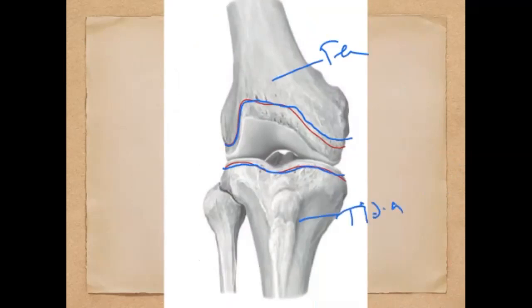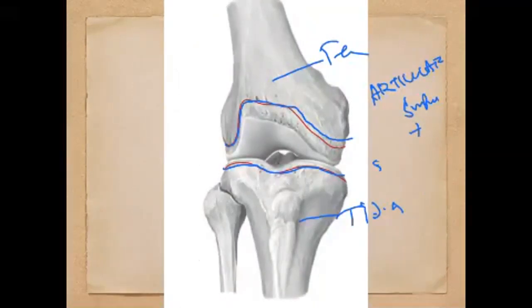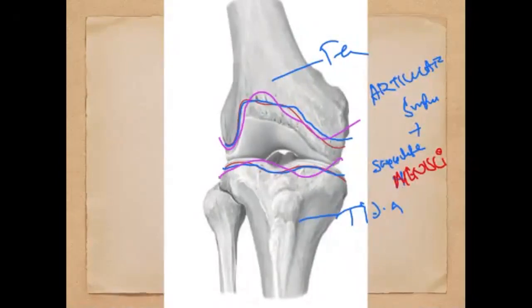Okay, all the margins of the articular surfaces plus superior and inferior aspect of meniscus. Okay, you have to remember this, meniscus. So superior and inferior aspect of menisci along with margins of the articular surfaces.